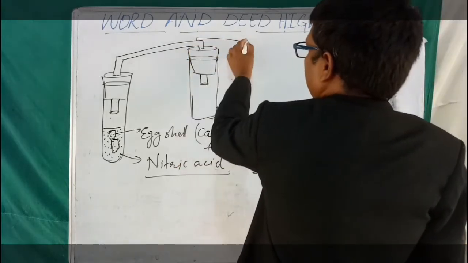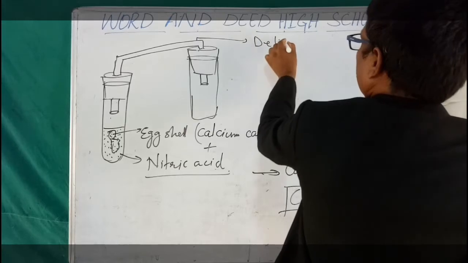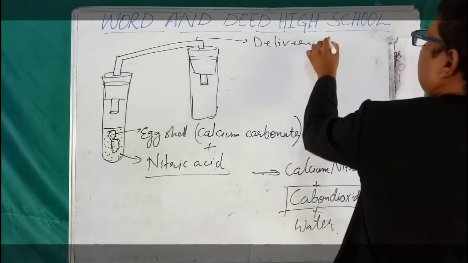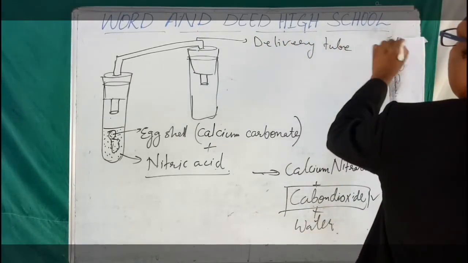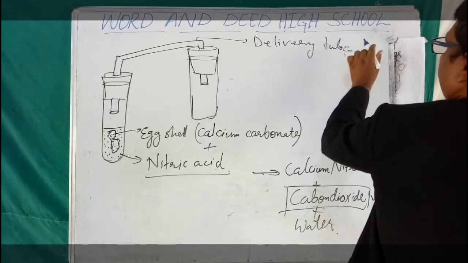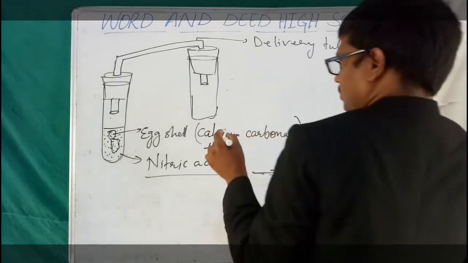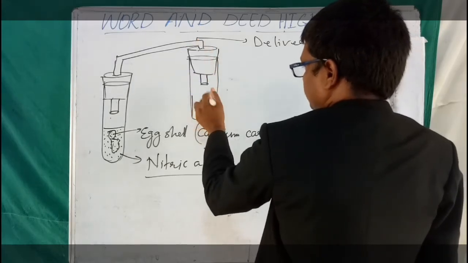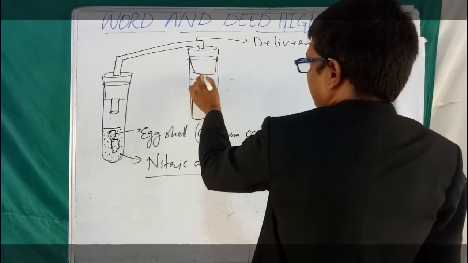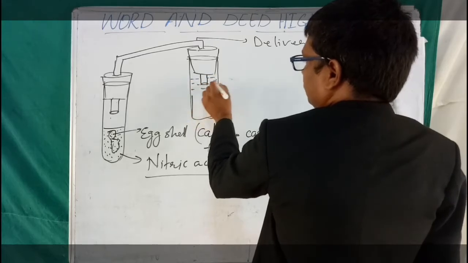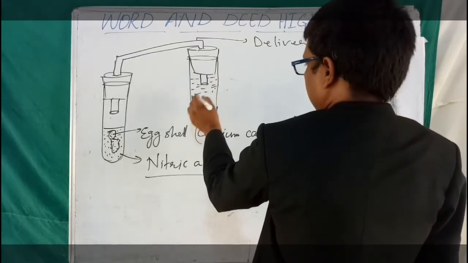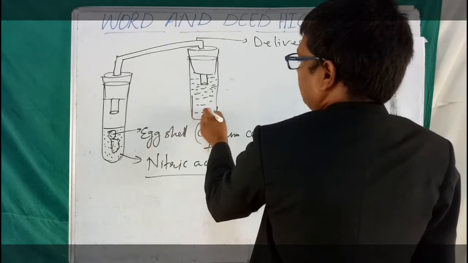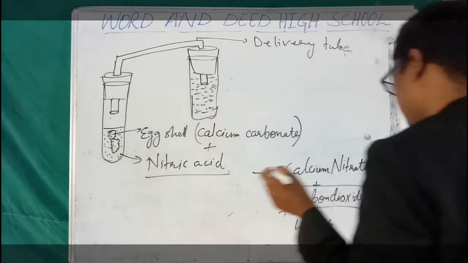What is this? Delivery tube. Before you fix this rubber stopper to this test tube, you have to take lime water in it.